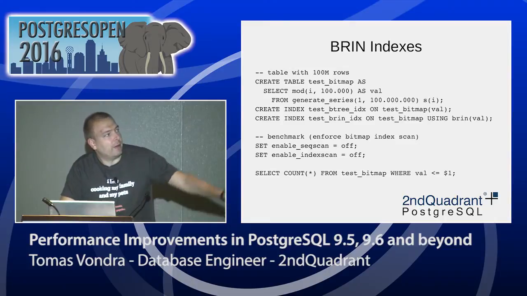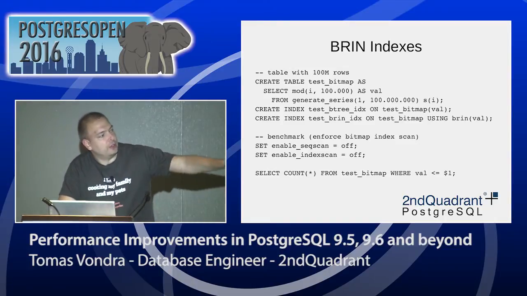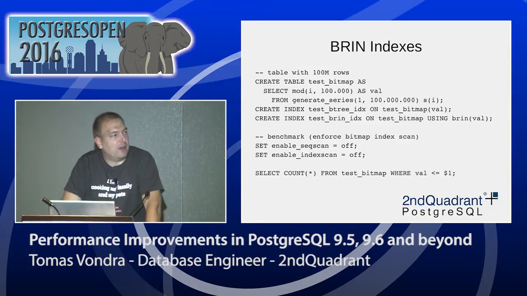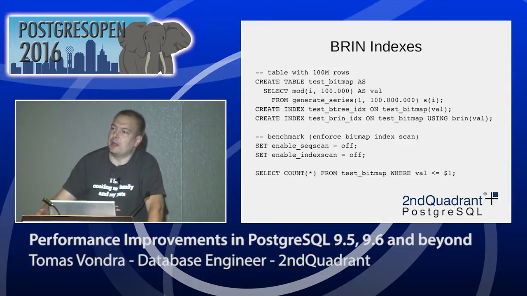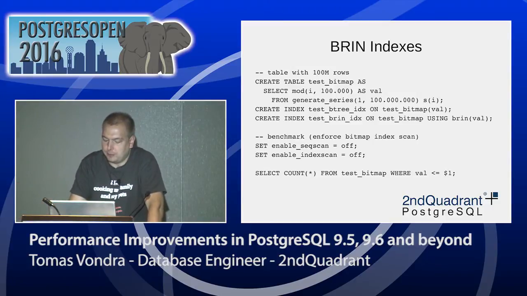So if you have 100,000 values there, and you use the query with value lower than 1,000, it should give you like 1% of the table, and so on. And we can then compare the performance of the B-tree index and the BRIN index depending on the fraction of the table returned from the query, right?